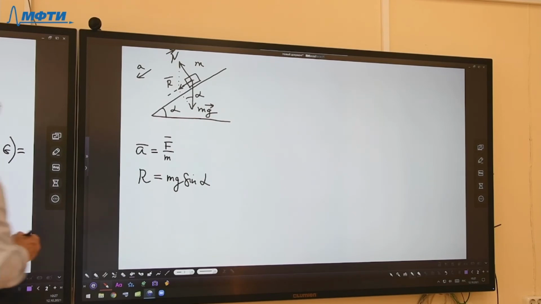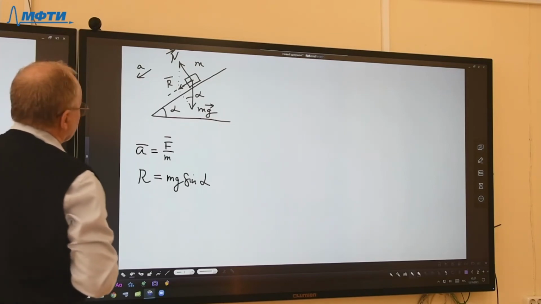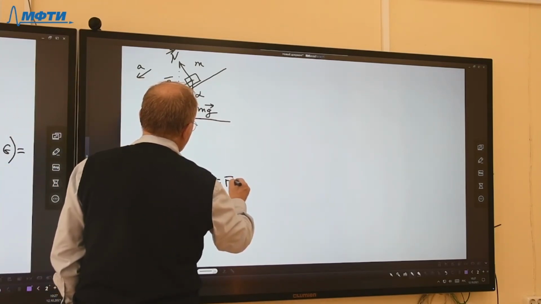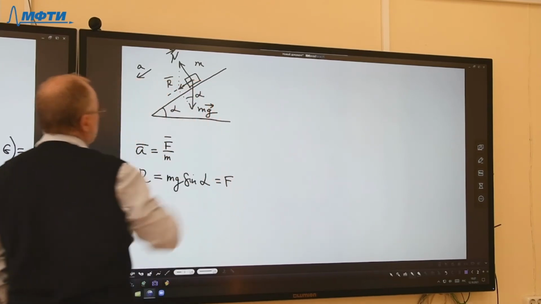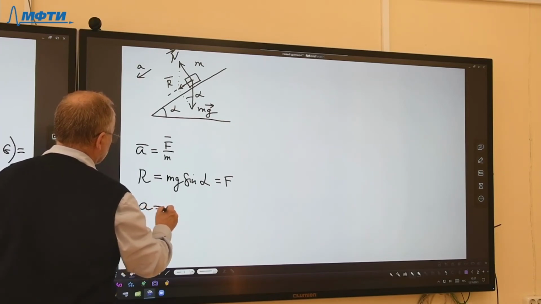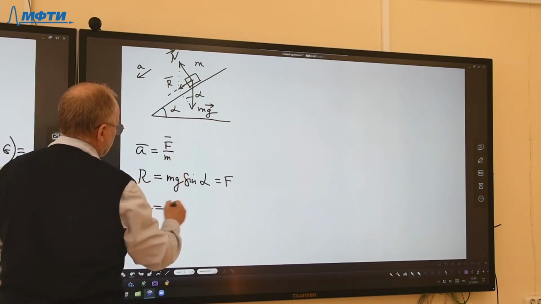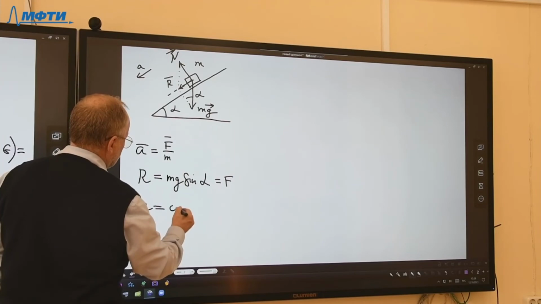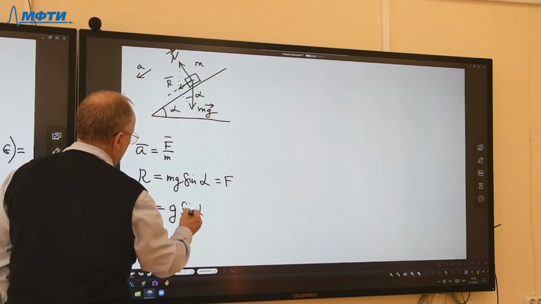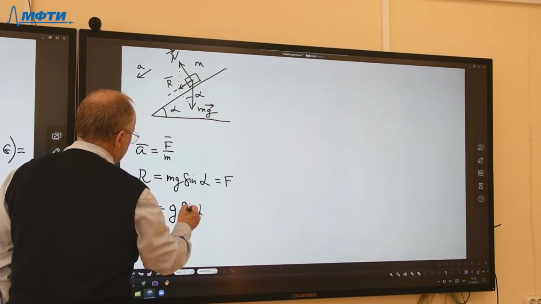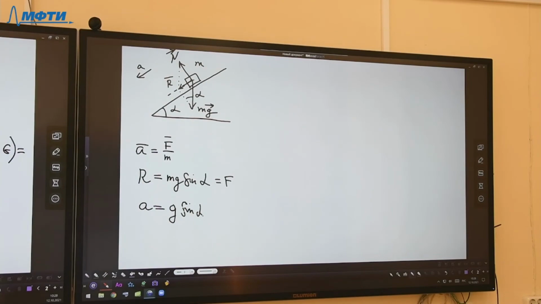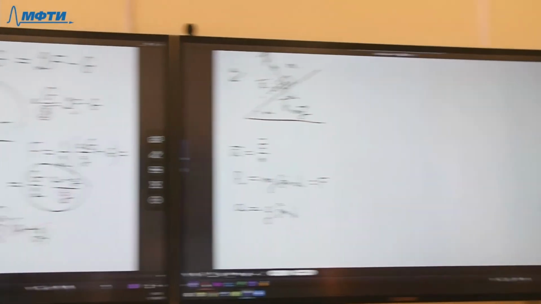And so in this case, that will be the net force magnitude acting on the block. And the acceleration in magnitude will be R divided by m. After dividing by m, we will find g sine alpha. Very simple. g sine alpha. Very simple until we consider forces of friction.